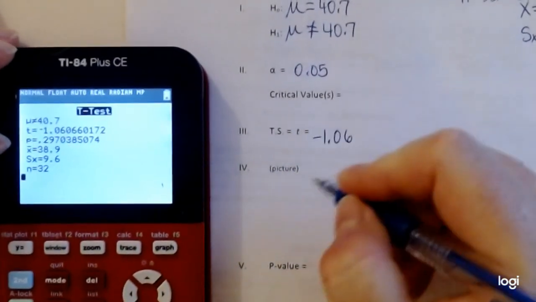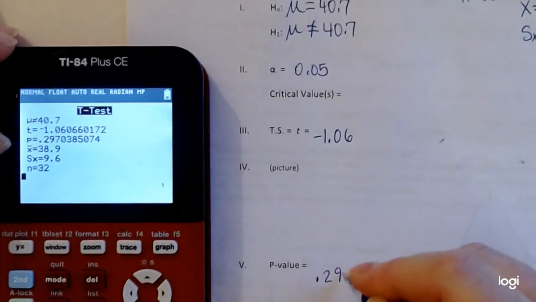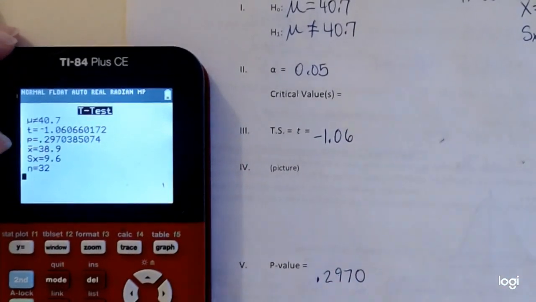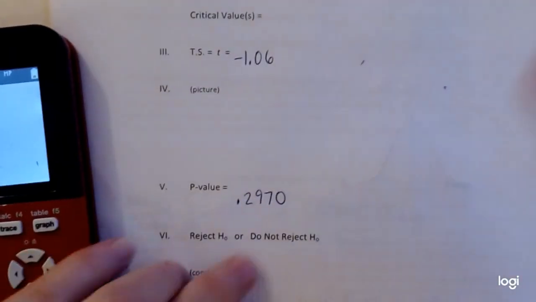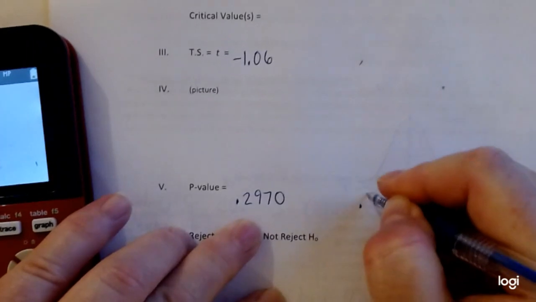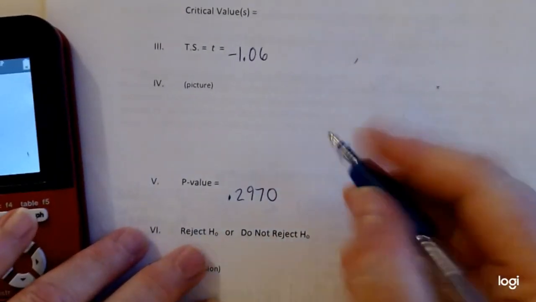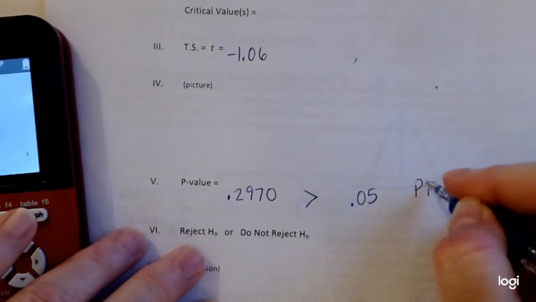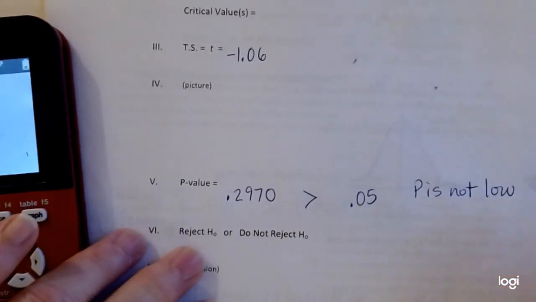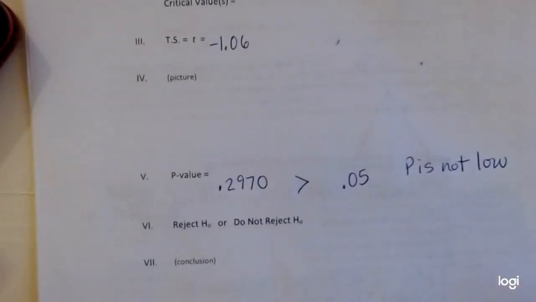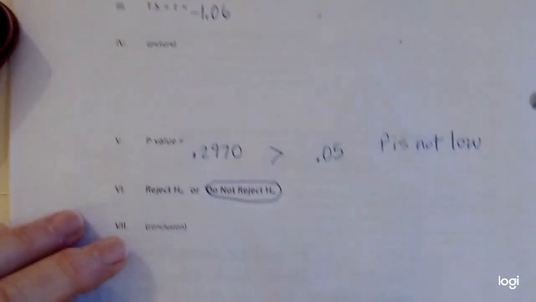Our P value is 0.2970. We'll get the picture in a minute. Now we're comparing this to alpha, which is 0.05. Obviously, this is considerably larger than this, so P is not low. So we do not reject H0.